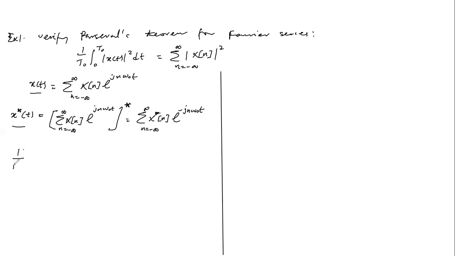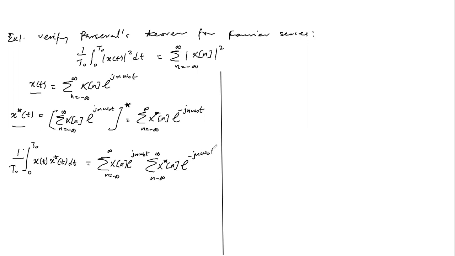That is, we have 1 over T naught, integral from 0 to T naught of s of t times s conjugate of t dt, which will give us the sum of this expression, and for negative infinity to infinity, S_n e^{j n ω t} and then the conjugate, S conjugate of n e^{-j n ω t}.